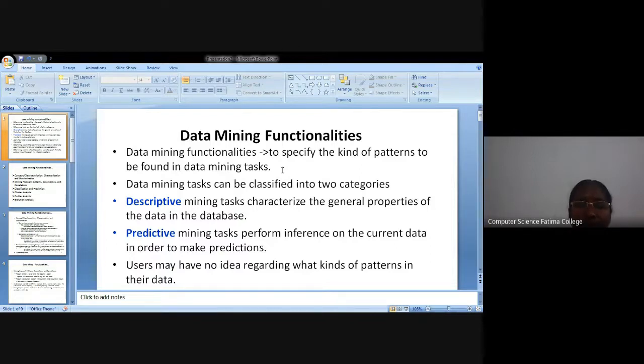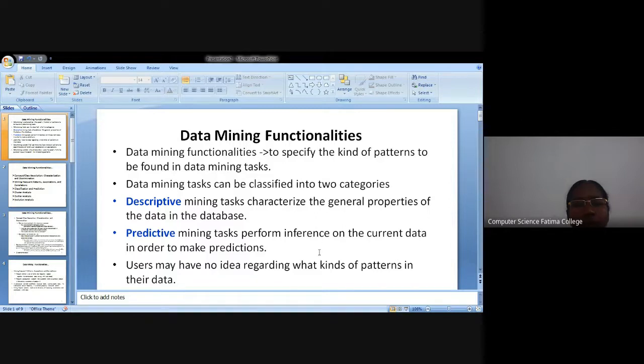Descriptive mining tasks characterize the general properties of the data in the database, not specific properties. Predictive mining tasks perform inferences on the current data in order to make a prediction. Why?